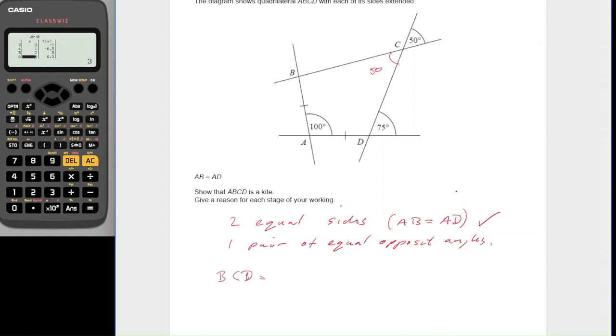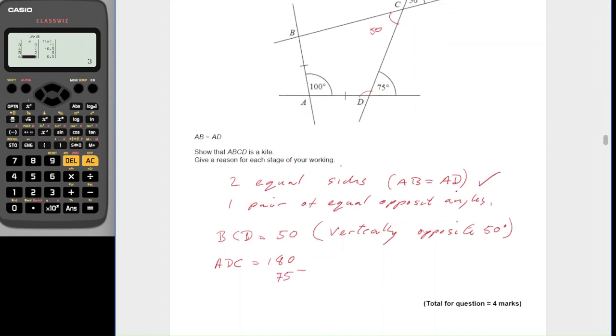BCD is equal to 50 as it's vertically opposite the 50-degree angle. I'm then going to say that this angle here, ADC, is going to be equal to 180 minus 75.